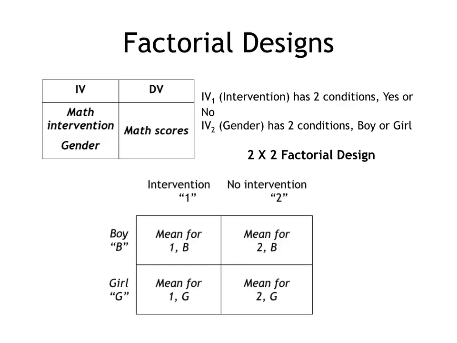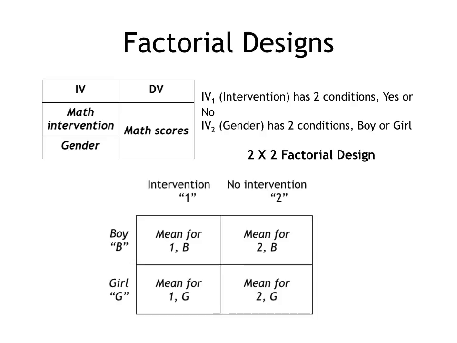That means in the top left cell, I'm going to record the mean of the scores for the boys who got the intervention. Moving to the right, I'm going to record the mean for the boys who did not get the intervention.